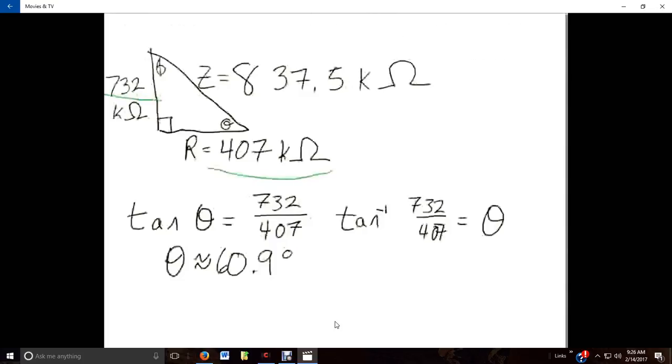Now for phi, we could do the inverse tangent again, except this time putting the 407 over 732. However, we can also remember that phi and theta together will add up to 90. So I can just subtract 60.9 from 90, and I will get phi is 29.1.